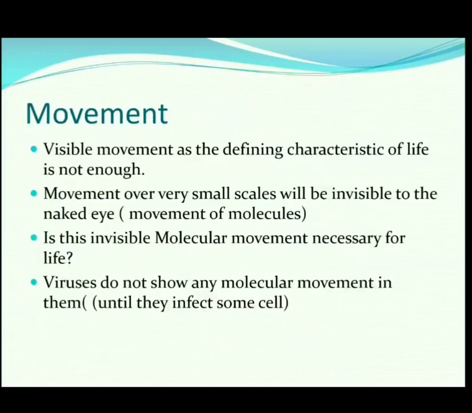So, what is the criteria for living organisms? The visible movements, isn't it? Such as walking, breathing, or growing. It is used to decide whether something is alive or not. But there are some movements which are invisible to our eyes, for example, molecular movement. We have seen in earlier classes that living organisms are well organized structures. They have tissues, tissues have cells, cells have smaller components in them, and so on.